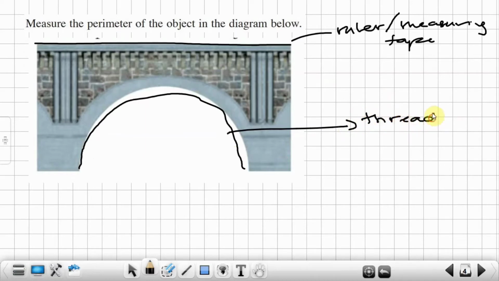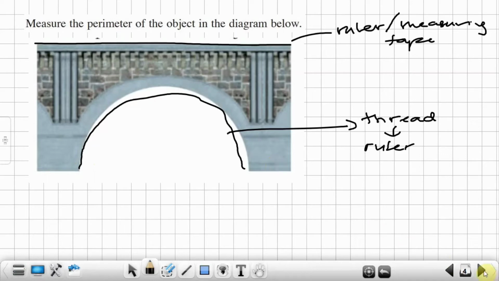If it's not a very big object, you can use thread to measure. After you have measured the length of the side with thread, you can use a ruler to measure the length of the thread used to measure these sides.